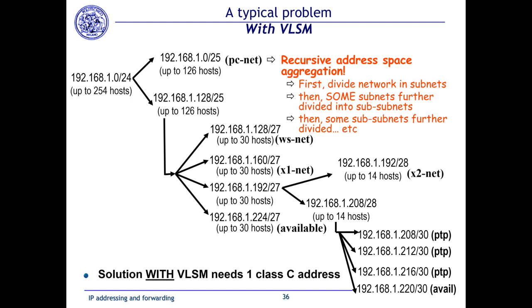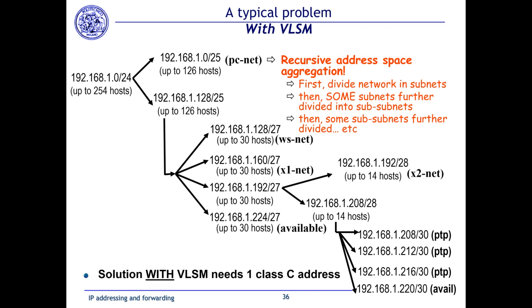It means that the extension is of further 2 bits, from slash 28 to slash 30. And so at this point, the assignment is complete. We have assigned blocks to all the subnets, and all the hosts can be addressed. And we still have some blocks left unused that are available for further extensions.